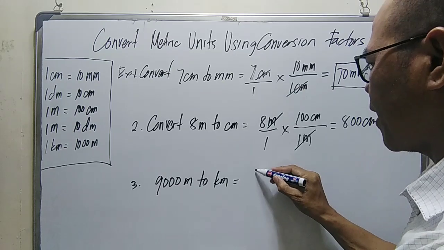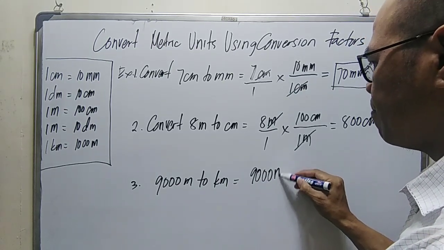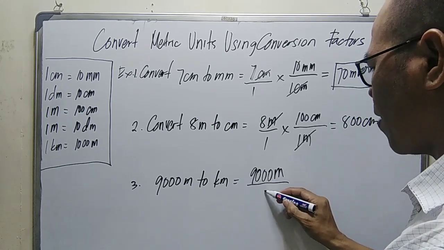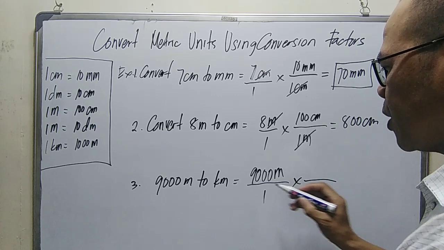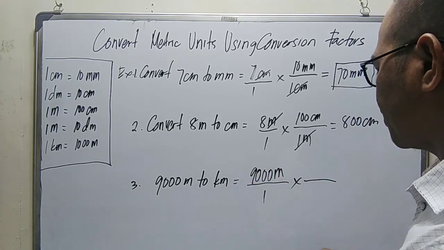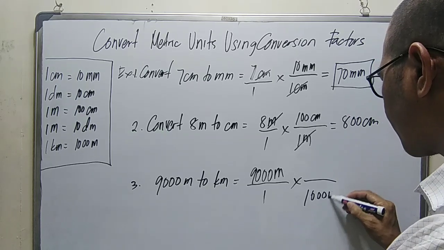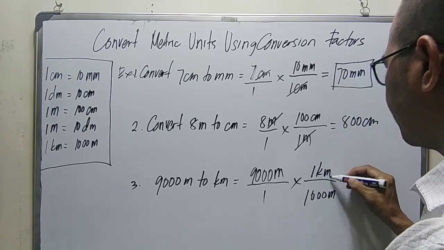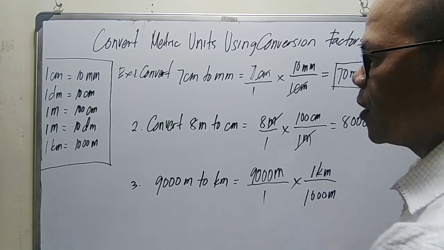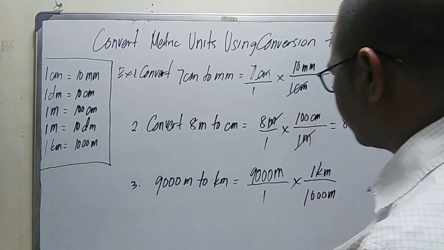Gayahin natin si 9,000 meters, that is over 1. Multiply natin dito kay kilometers. So 1,000 meters, that is equal to 1 kilometer. Nakuha? Dito yan, no? 1,000 meters, that is equal to 1 kilometer.